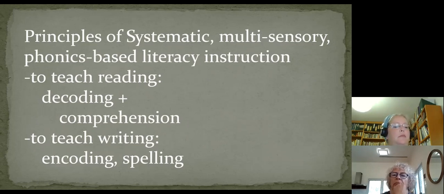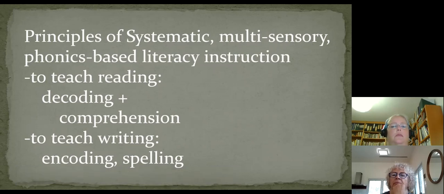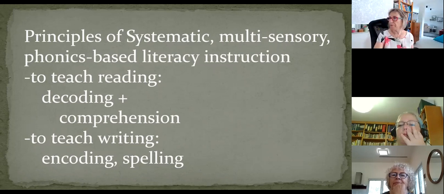And our goal through this method is to automatize, to make it more automatic, the process of decoding, to leave over attention for comprehension. And we also want to help them learn to encode, to write, and to write correctly, not just to write how it sounds, but to learn the rules of spelling so that they can write the words correctly, because that's a clearer way to communicate, obviously.